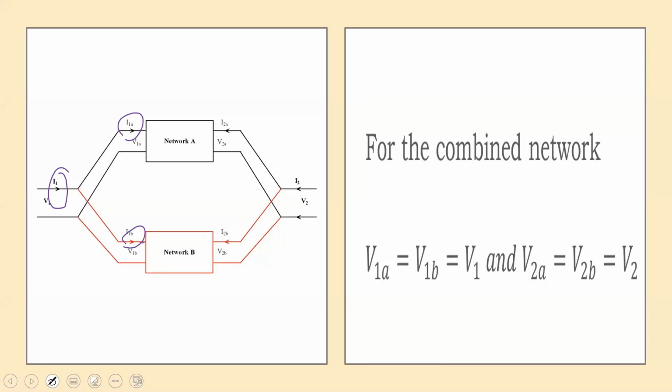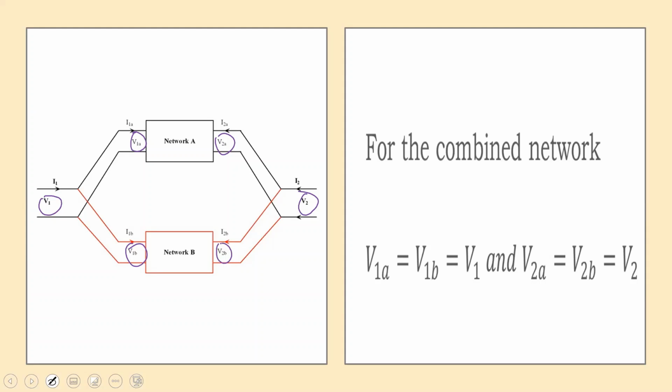And for the voltages, V1 is equal to V1A, which is also equal to V1B. And V2 is equal to V2A, and it's equal to V2B. So wherever I have V2A and V2B, I can substitute V2. And similarly for V1, that's equal to V1A and V1B. So where I have V1A or V1B, I can substitute V1.